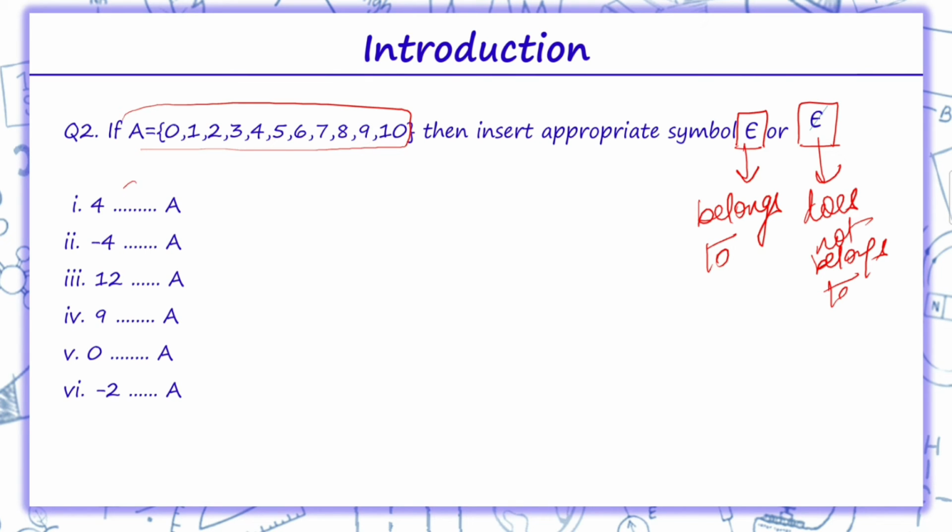Now 4 belongs to A, but -4 is not here, so we'll write does not belong. 12 is not here, does not belong. But yes, 9 is here, so belongs. 0 is here, belongs. -2, again it is not in this set, so it does not belong. So this was all about the introduction of the set.